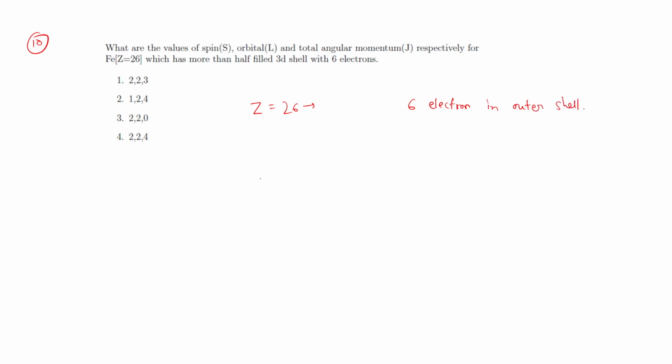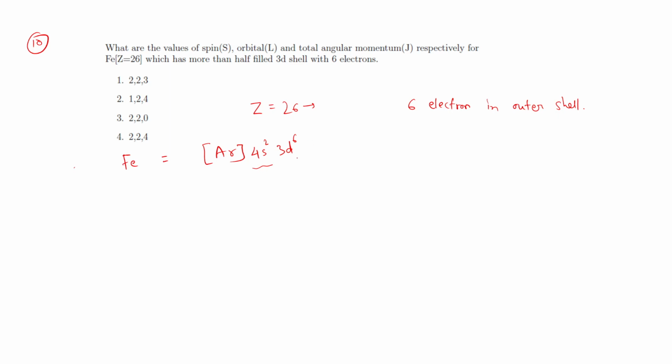So this is like argon, which is 18, and then 4s2 3d6. This is the electronic configuration of iron.